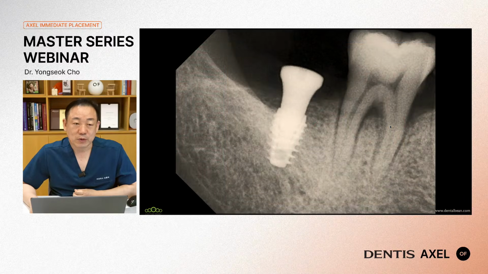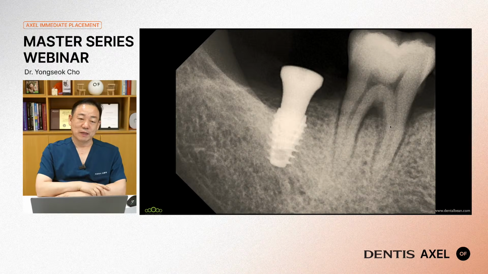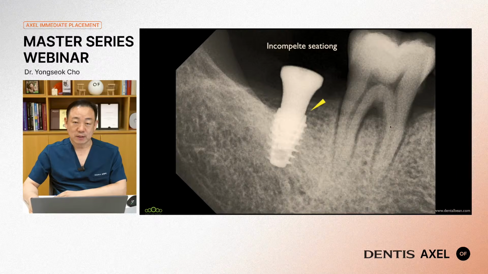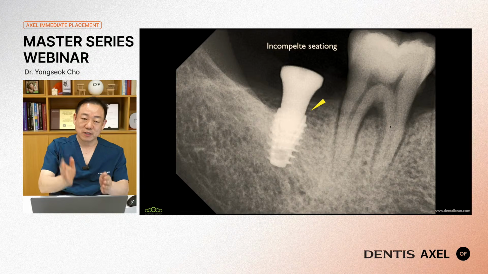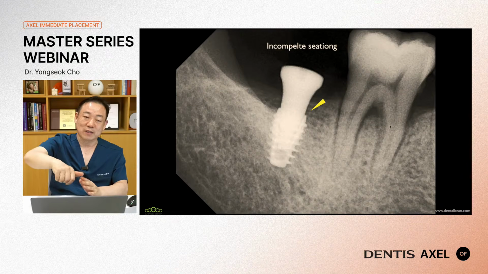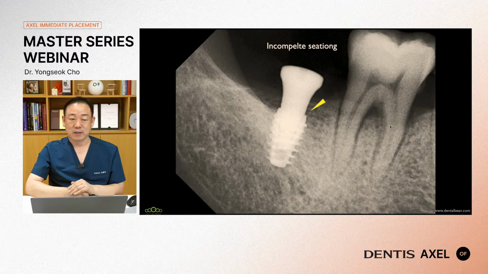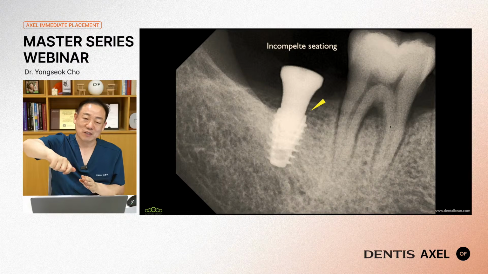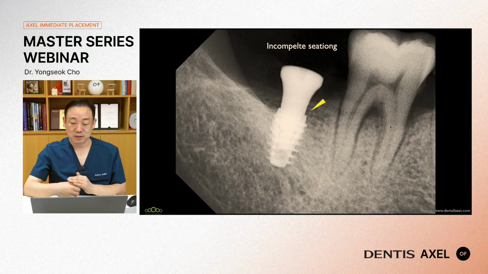But because of the difference of height, proximal to buccal, I found the healing abutment incompletely seated. When I connect the healing abutment and it is completely seated, it stops abruptly, suddenly stops and no more turning. However, when bone interference exists, I can turn the healing abutment with resistance. That means it is an incompletely seated condition.